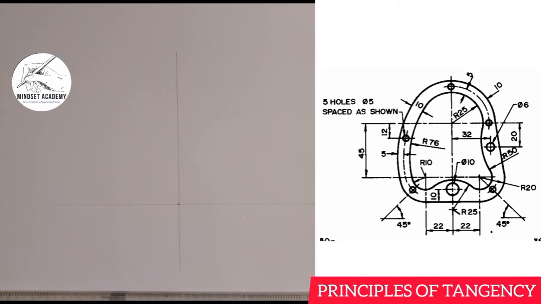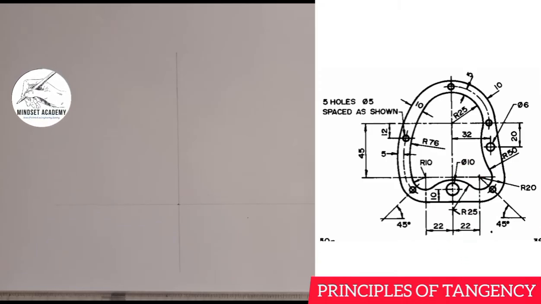If you look at the figure closely, you will discover that if you move to the left, you will see a center, and if you move to the right, you will see another center, and they are 22 millimeter apart from the center.